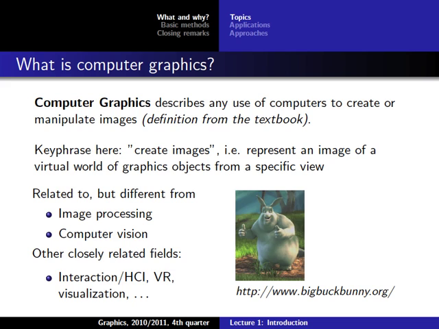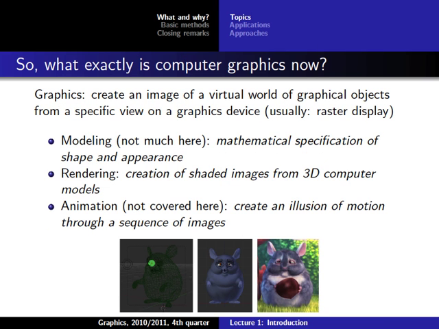Of course, there are also a lot of other related fields, like, for example, human-computer interaction, because a lot of the interfaces are based on graphics, virtual reality, and information visualization. So these are all things that are related to computer graphics. So I talked a lot about what is related to computer graphics and what computer graphics isn't. It is not computer vision, it's not image processing.